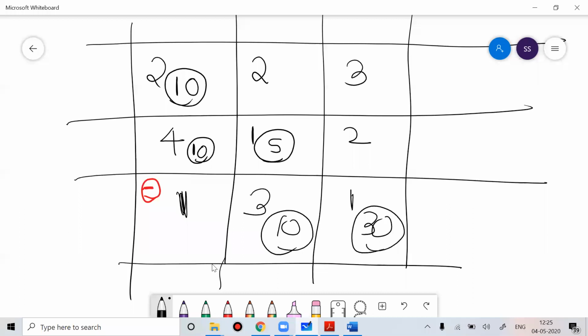So how to make it optimal? You give some value to the cell which is negative, so that you try to make it positive.